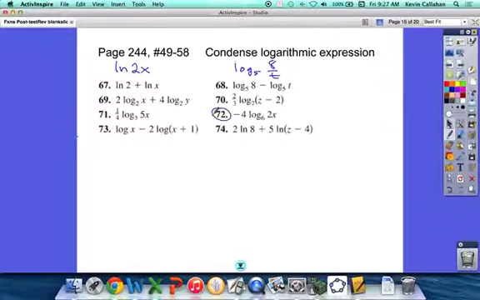The power property says that if you have a coefficient in front, you can move it inside the logarithm as the exponent. So that becomes log base 6 of 2x to the negative 4. So a power property takes that exponent, the power, and moves it as a coefficient, or the reverse.